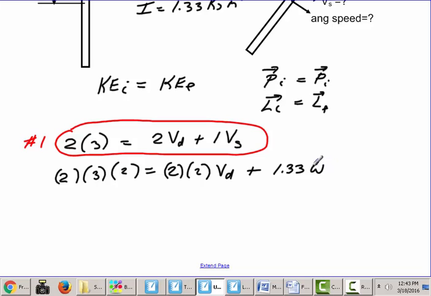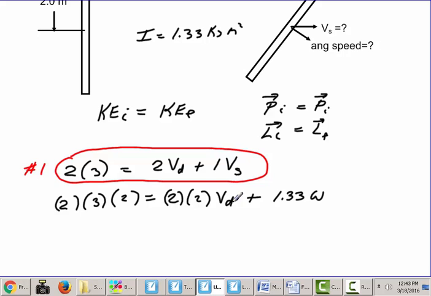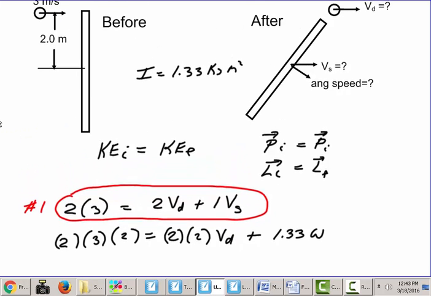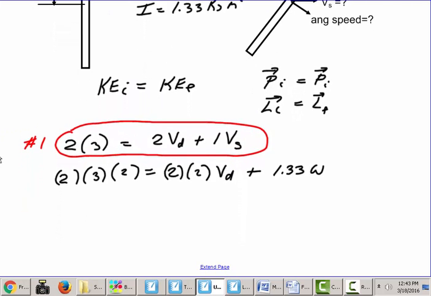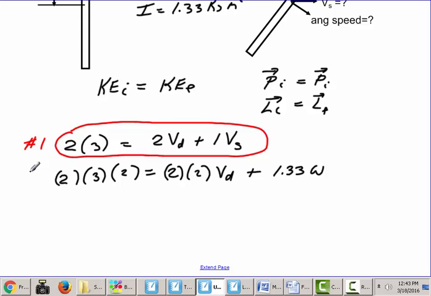Now again, you do not have to include the velocity of the stick, because the distance from its rotational point is 0. So that's our equation number 2.